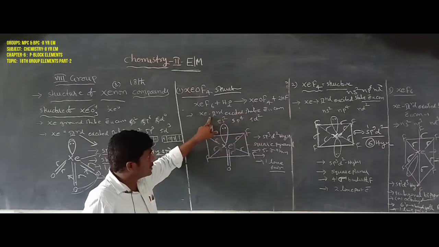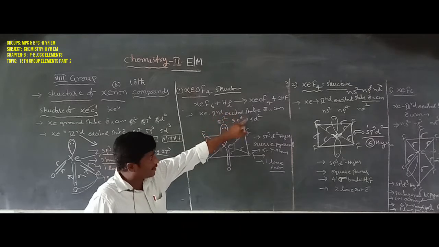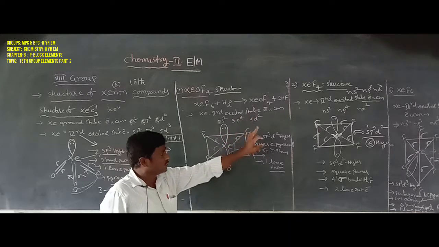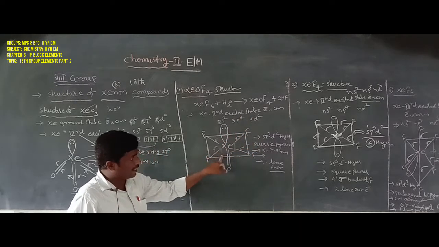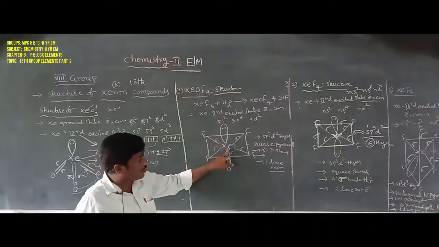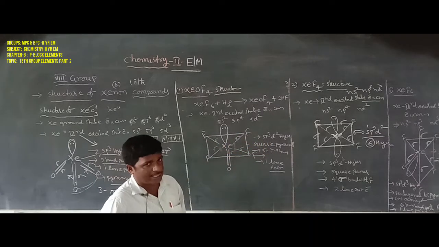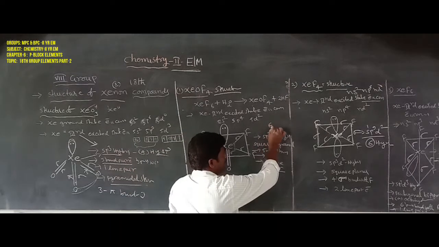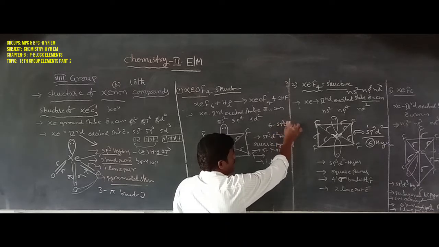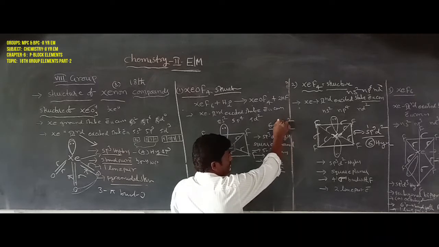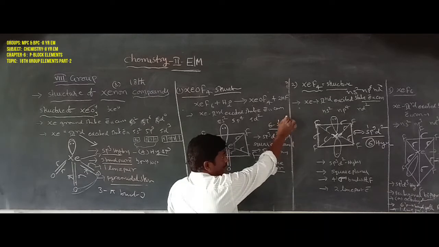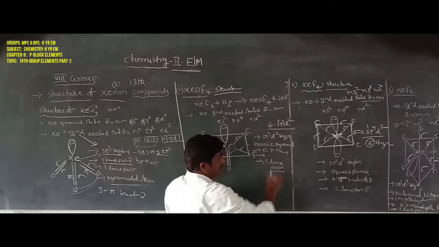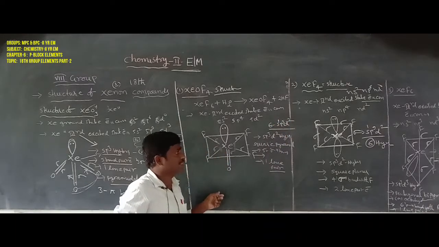The central xenon atom undergoes sp3d2 hybridization, forming 6 sp3d2 hybrid orbitals: 1 s orbital, 3 p orbitals and 2 d orbitals. 2 plus 3 is 5, 5 plus 1 is 6, so 6 sp3d2 hybrid orbitals are formed.